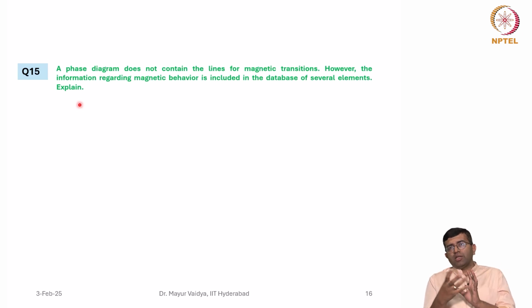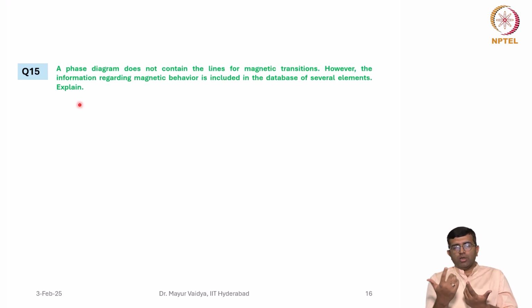In addition, these transitions are not first order transitions. However, it is also true that the free energy of each phase is influenced by the magnetic ordering or the magnetic domains present in the material, which can lead to changes in the Gibbs free energy.